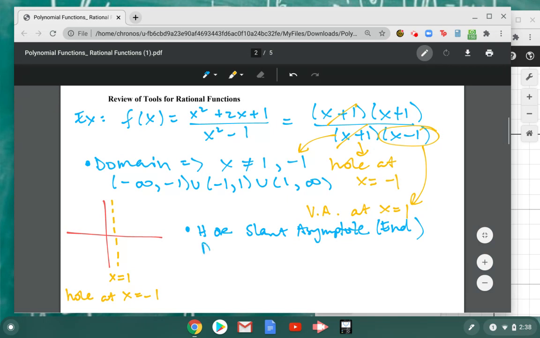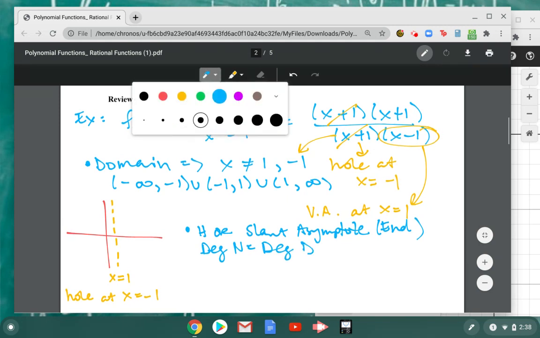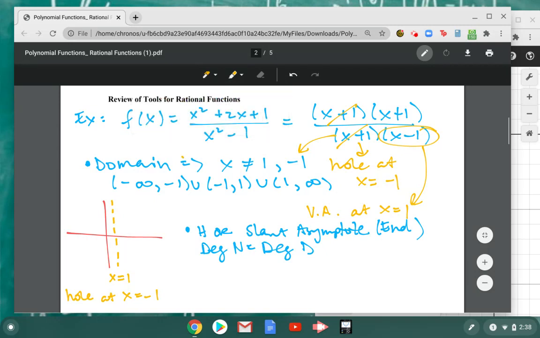So I've got the degree of the numerator equals the degree of the denominator. That means that I can go ahead and just focus on those two lead terms. And I really just want what that simplifies to. So y approaches x squared over x squared, which reduces to be 1. So I have a horizontal asymptote at y equals 1.